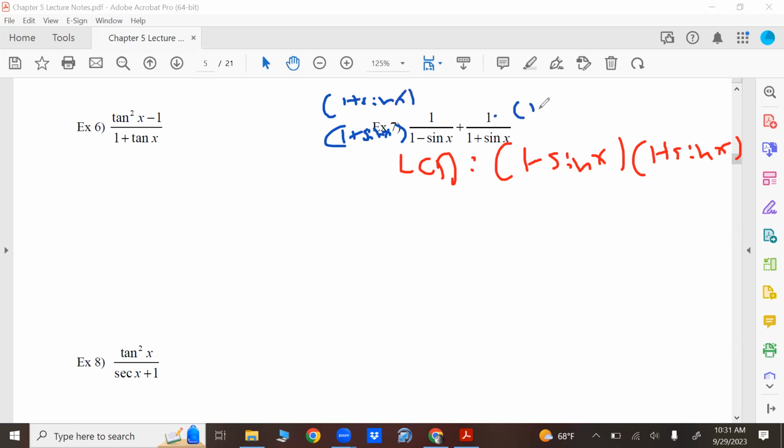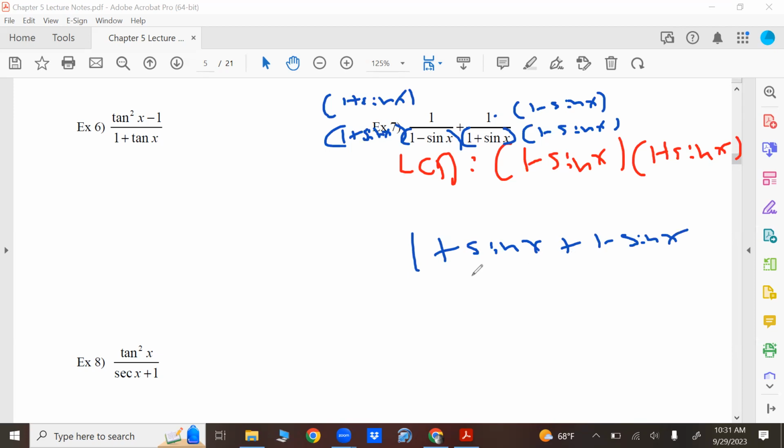And top and bottom of the second fraction by 1 minus sine x. And if I do that correctly, I should get this up top. And down below, I should get this, right?